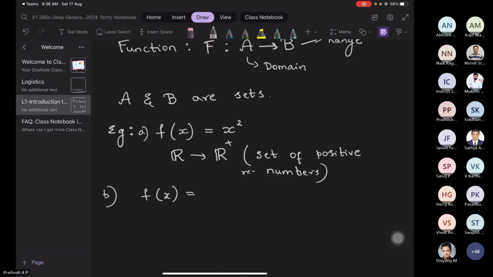Correct? So R plus, so this is the set of reals, and R plus is the set of positive real numbers, right? So this is a function.